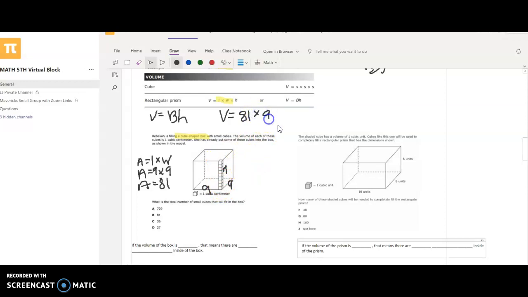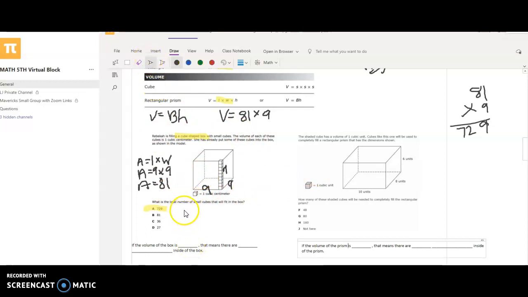Ooh, that's a big number. I'm going to have to do this in the margin. 81 times 9 is 729. So that's one way of finding out the volume for this particular problem.